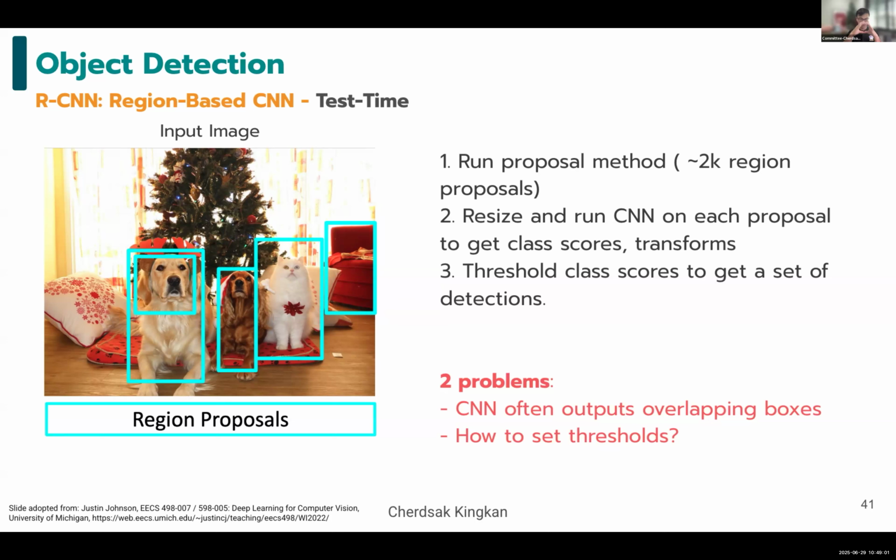For each region, the model can give us a probability of which class that region belongs to. It could be a dog, it could be a cat, or not. So that's what we get from each region.